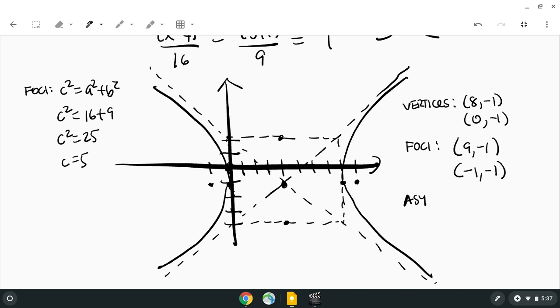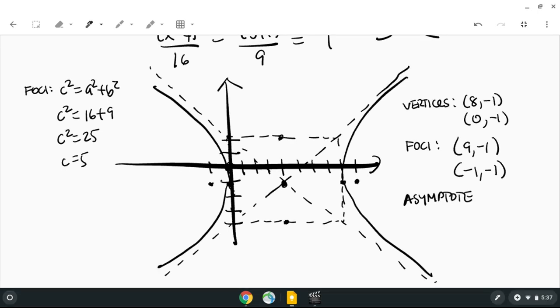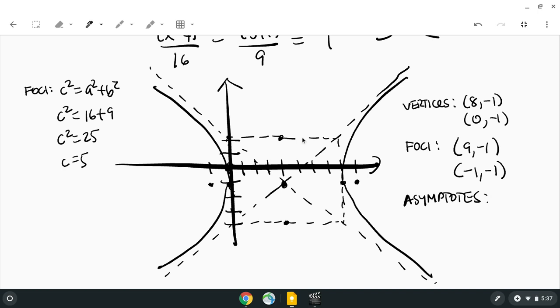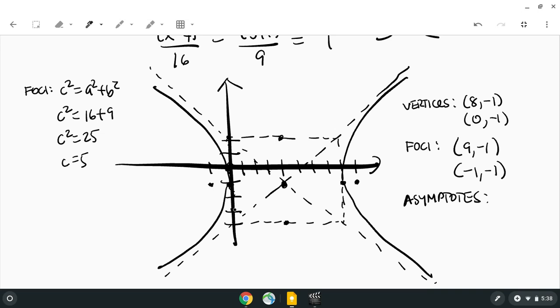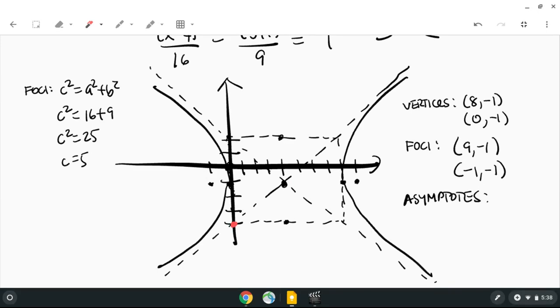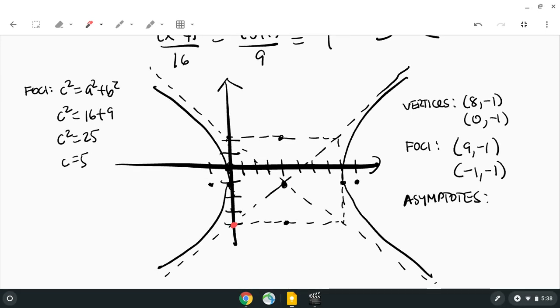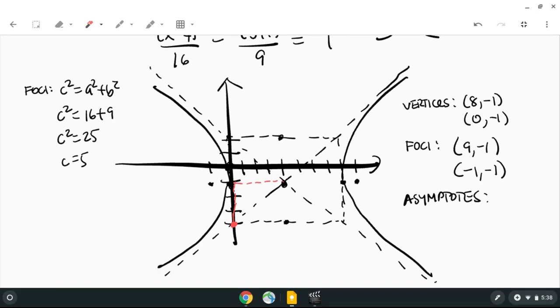And then my asymptotes. We're still kind of lucky here because for the positive line, we can see what the y-intercept is. It's 1, 2, 3, 4, -4. So let's do the positive line first. We're talking about this line right here. I'm going to use this point over here. I'm going to rise 1, 2, 3, and run 1, 2, 3, 4.